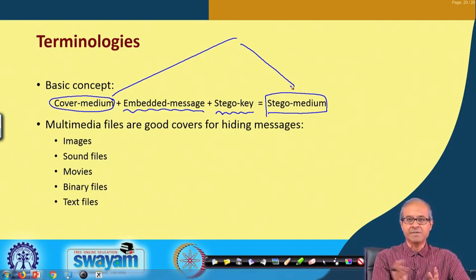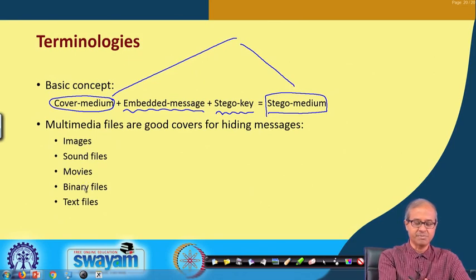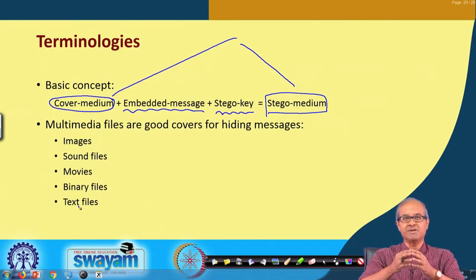Multimedia files are typically used to hide messages, like images, sound, movies, binary files, text files. But there are other ways also, like you have seen the IP packets, network packets. There are some fields which are unused. Those unused bits can also be used to carry some message or information. So, there are many ways, there are many fields in data, in files which are not used.